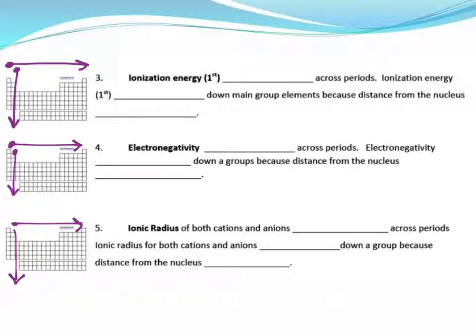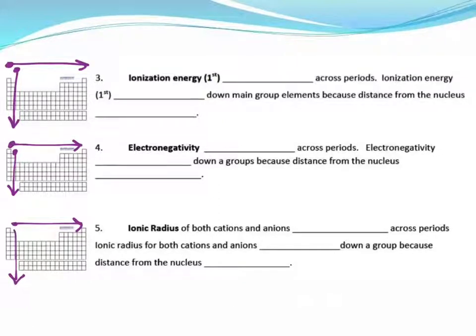So, as I'm going across a period, what do you think is going to happen to my ionization energy? Is it going to increase or decrease? Is it going to be easier to pull electrons away from over here or over here? It's just the amount of energy to remove one electron.